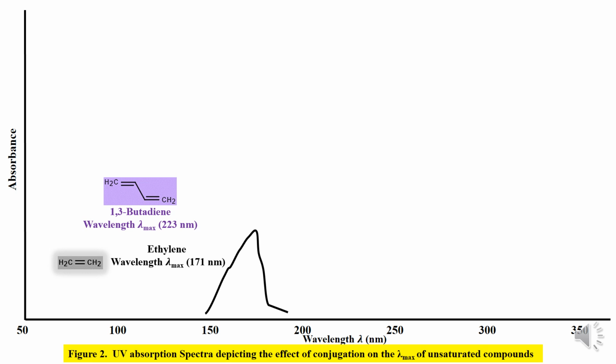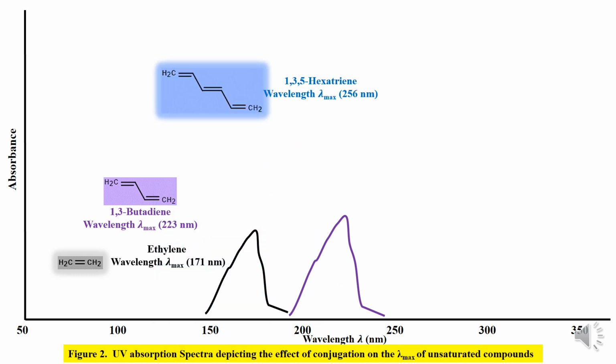1,3-butadiene has 2 double bonds that are alternate to each other. It has a lambda max value of 223 nanometers. 1,3,5-hexatriene shows maximum absorbance at 256 nanometers with a total of 3 double bonds that are in conjugation.